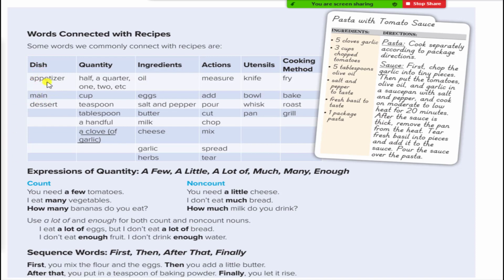The dish may be appetizer, main, dessert. Yes, dessert. So we can say this dish is dessert. And quantity, Yusuf? Quantity: a quarter, a half, an extra cup, a teaspoon, a tablespoon, a handful, a clove of garlic.